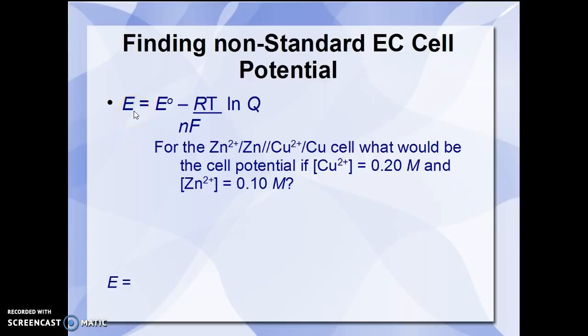The potential of a cell is equal to the standard cell potential measured at 25 degrees Celsius, 1 atmosphere pressure for gases, 1 molar solutions, minus R times the absolute temperature divided by n times F, and we'll talk about Faraday's constant in a moment, times the ln of Q, where Q, of course, is derived from the net ionic equation.